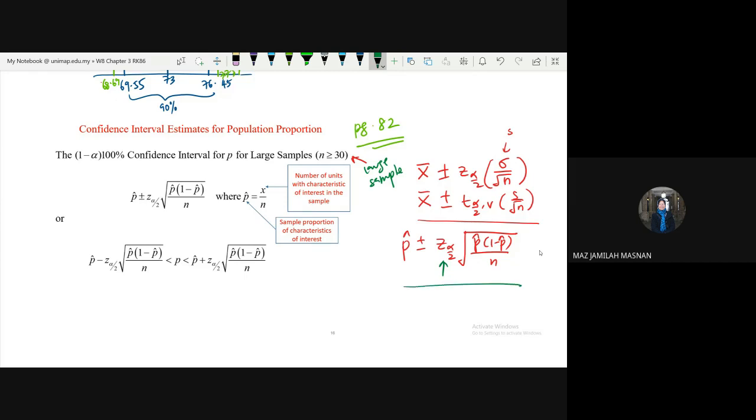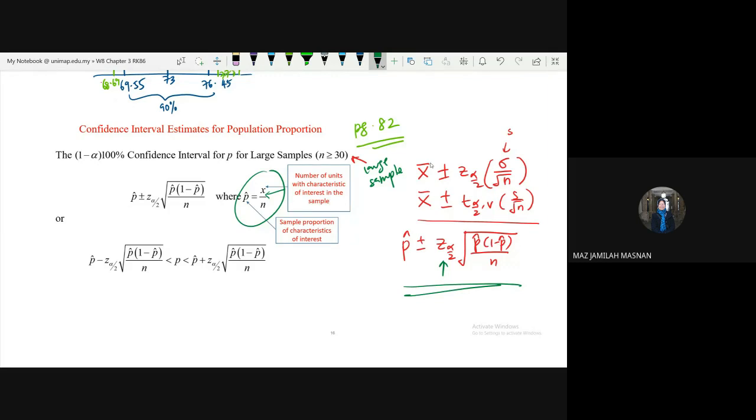Okay, what are the things that you need to know? The most important thing is how to calculate the proportion. The proportion will always be calculated based on the x. This x is the characteristic determined in your question. For example, it could be the number of units with the characteristic of interest in the sample.